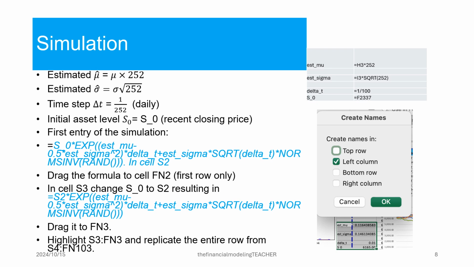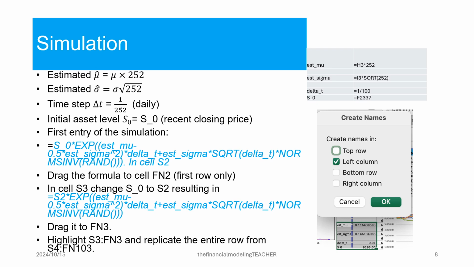Because then in the next row, we're going to take the values that we obtained in the first row to determine the next exponentiation, the next compounding. So now we move to cell S3.